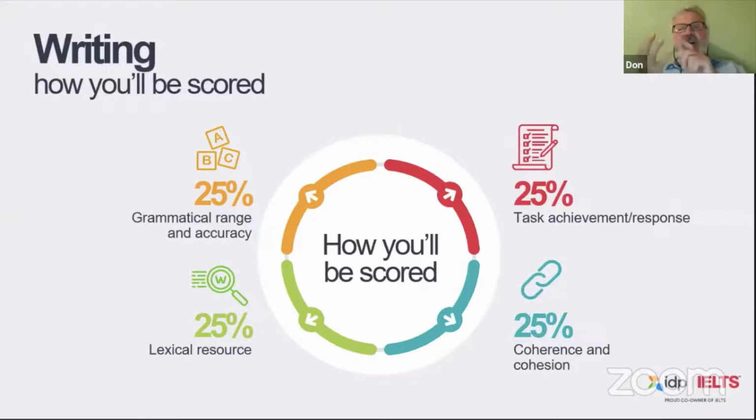Now, it's not just grammatical accuracy, it's grammatical range as well. This means that you can write a short sentence, and you can also write a longer sentence. All of your sentences don't have to be long. Good English writing is a combination of short sentences and longer sentences.